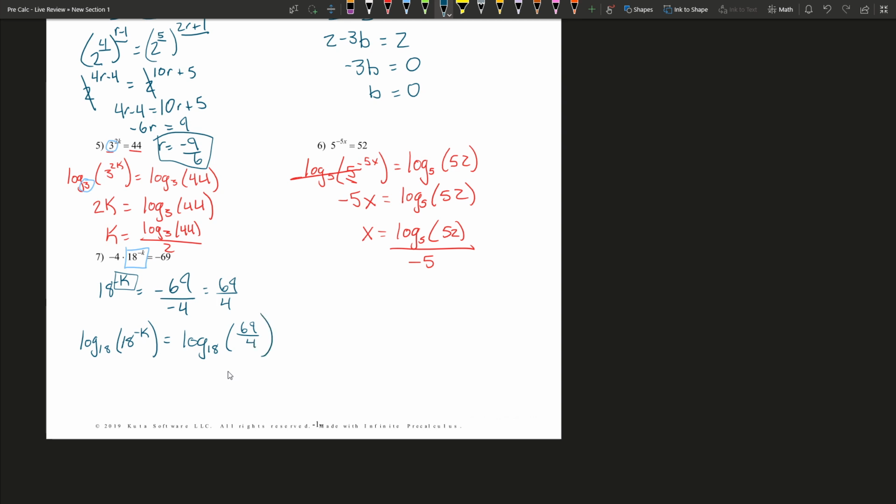When we do that, the log base 18 and this base of 18 cancel. So we're left with negative k. And then we have to get rid of the negative, so we divide or multiply by negative 1. So k will be negative log base 18 of 69 divided by 4.